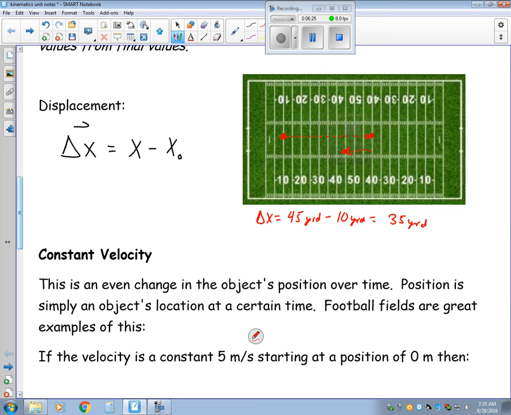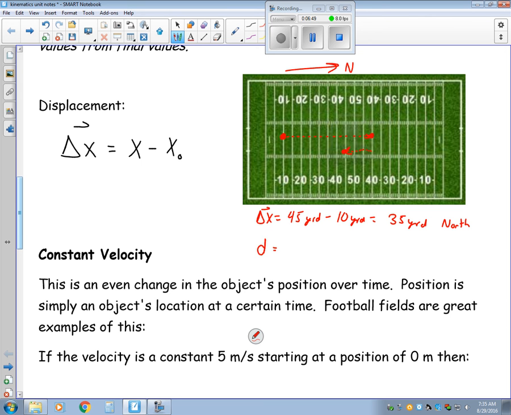Now notice, this is a displacement, it's a vector. I've given you the magnitude, so I need a direction. So let's say that this direction is north, so it's 35 yards north. So there, now I've got a vector. I've got my magnitude and my direction. Now notice this is different than distance. The distance is the total ground that the ball has covered.